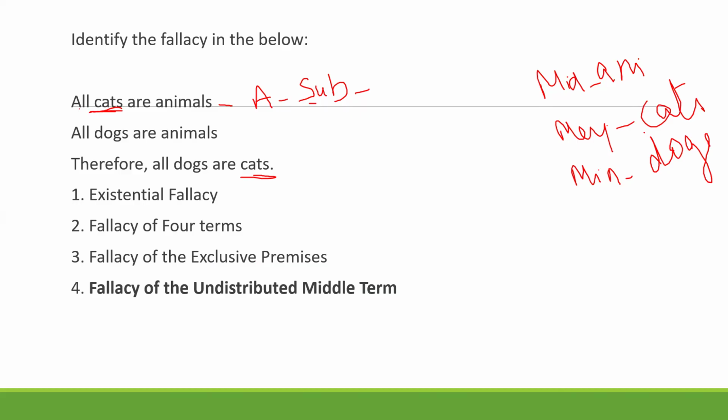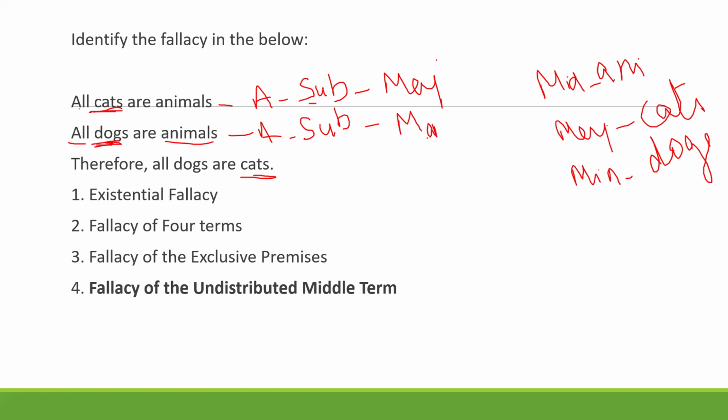Now, here, all dogs are animals. Here dogs, with all, means the subject is distributed. A type, this is also subject distributed. This is called the subject, this is called the predicate. Now the subject, dog, is the minor, distributed.